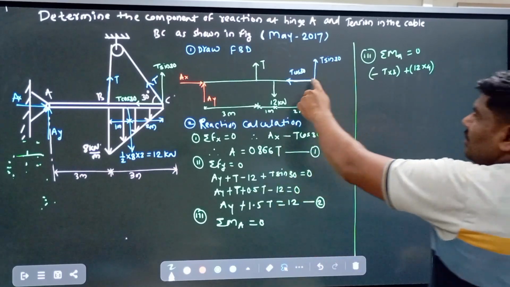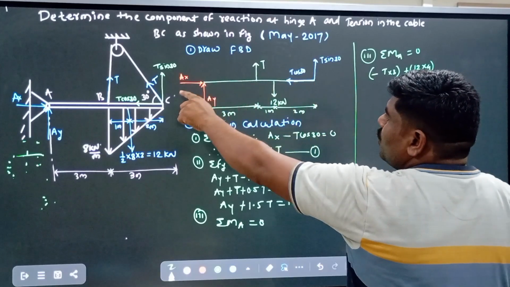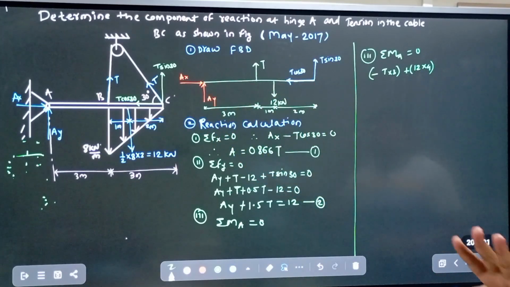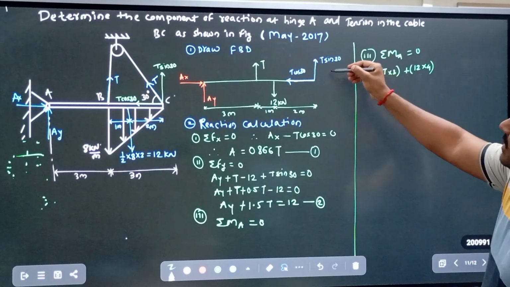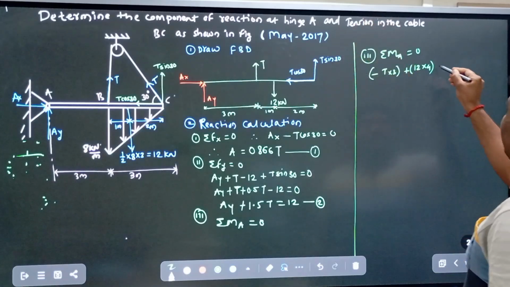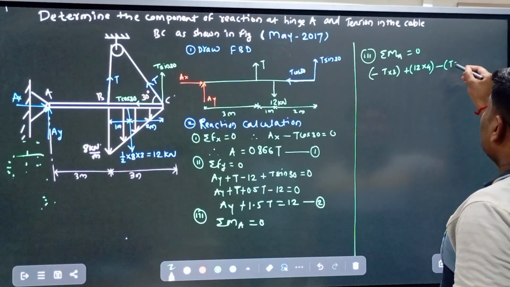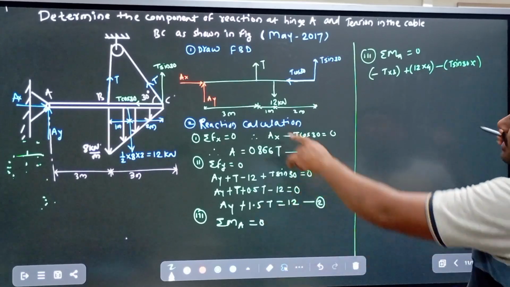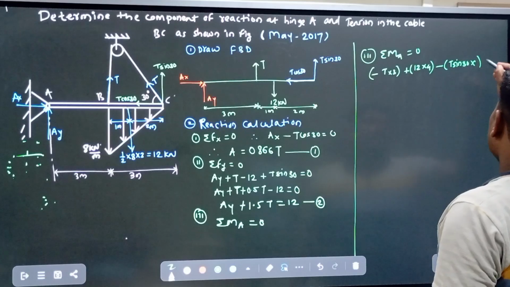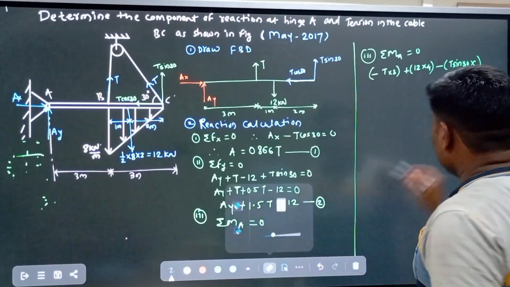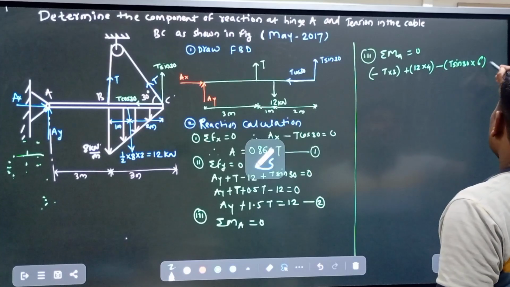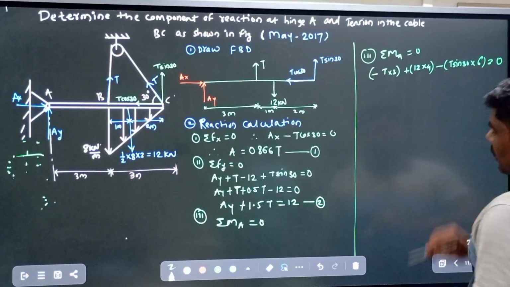Now T cos 30 is passing through the moment center, so that will create 0 moment, cancel. Last is T sin 30, moving anti-clockwise, so minus T sin 30 into perpendicular distance 3 plus 3, that is 6, equal to 0.